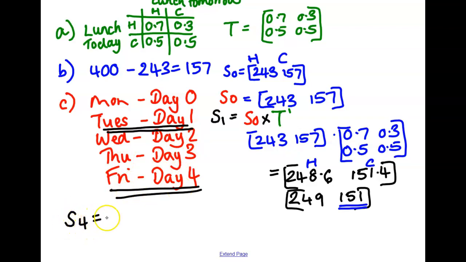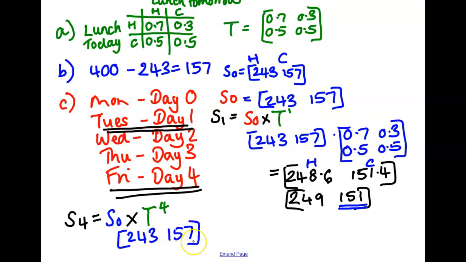Now, S4 is exactly the same as writing S0 times T to the power 4. We're going to use what we know about matrices. So we know that S0 is 243 and 157.